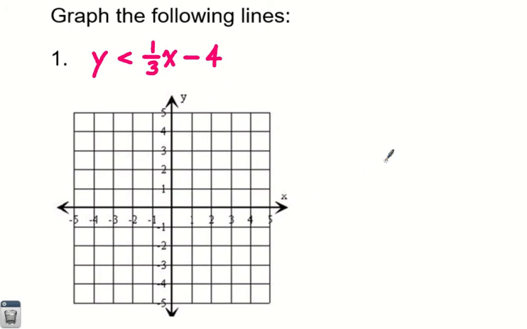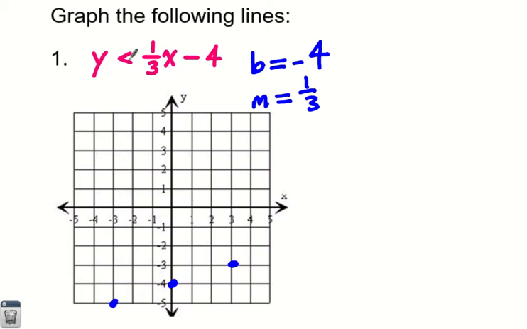So step one is we draw the line. Our y-intercept is -4, and our m is 1/3. We begin with b, and we move with m, so that's rise over run. And we could also go this way.